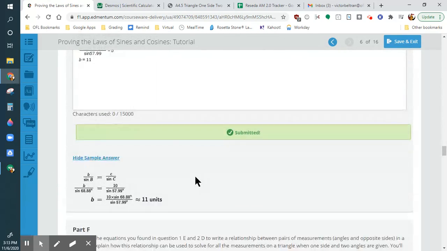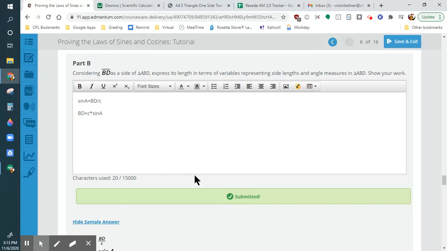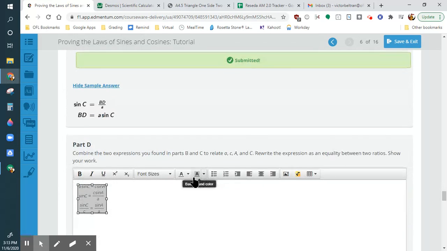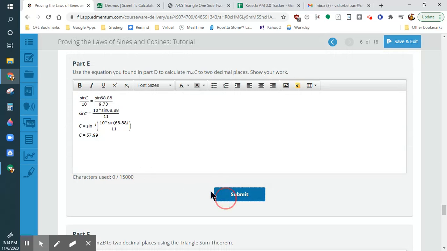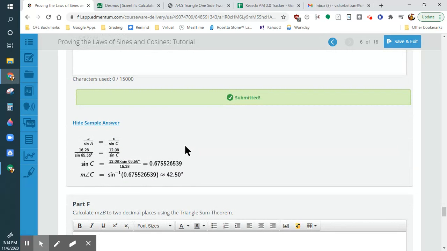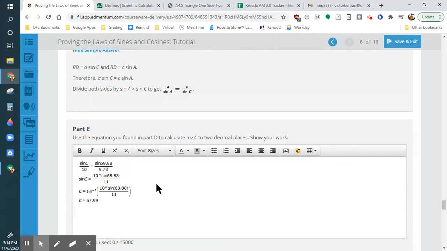I'm guessing what they meant to do was they intended for where is it? What is it? Yeah, I have no idea what they were trying to do here because here they're solving for little c. They got 40.